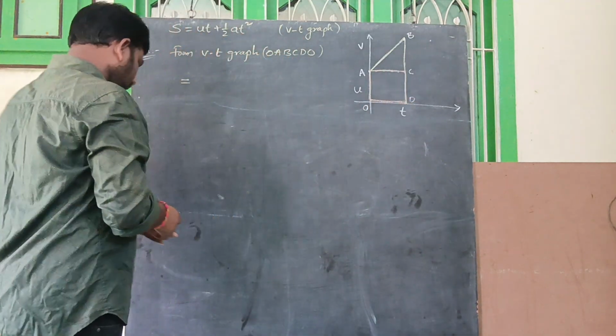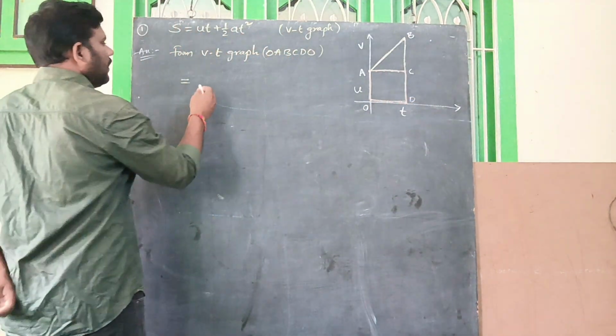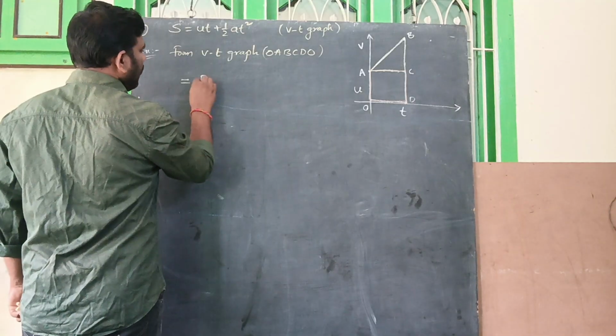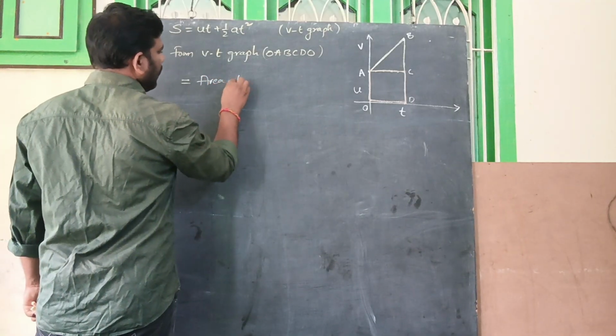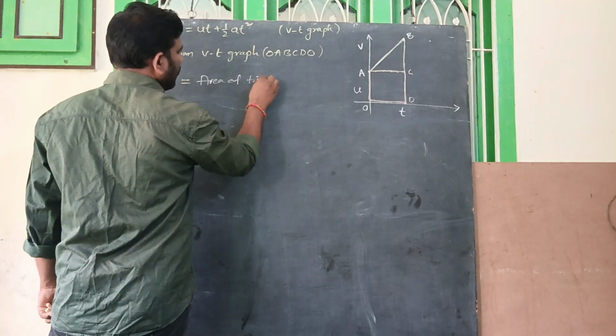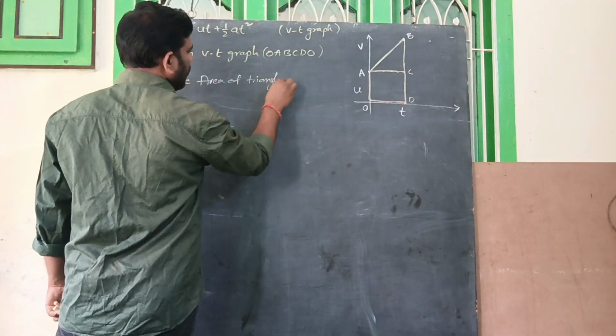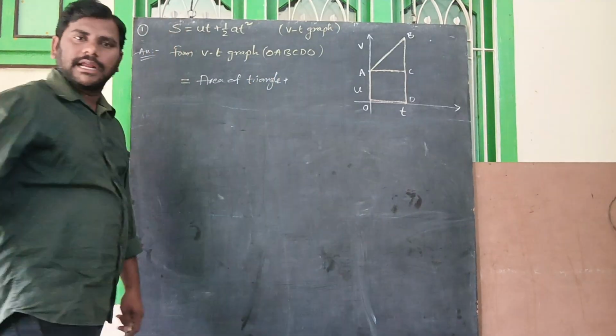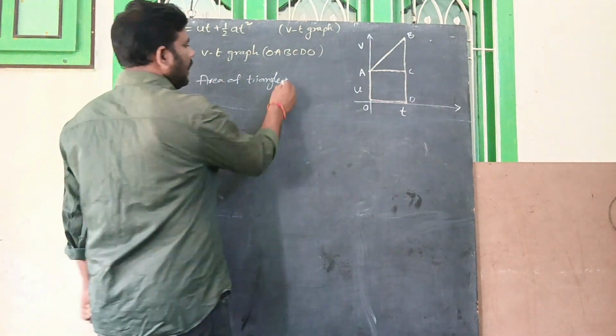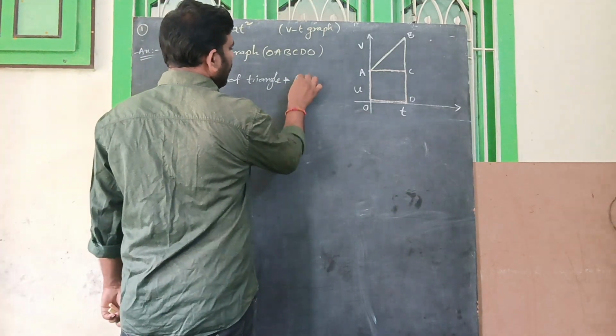So then we can write the area of the triangle and the area of the rectangle.